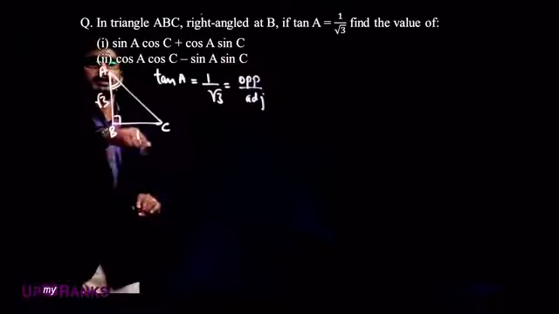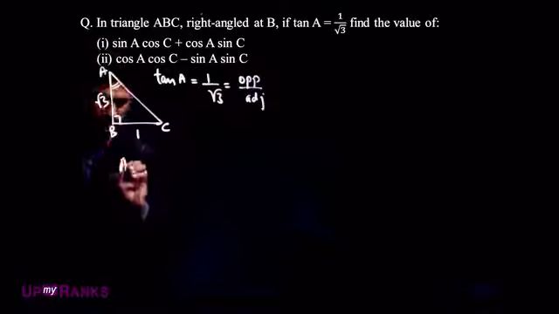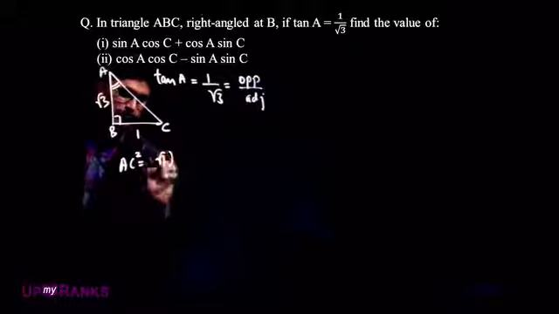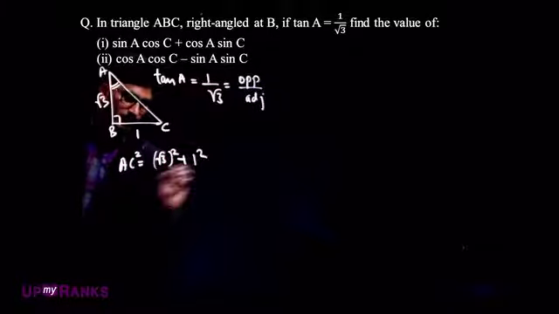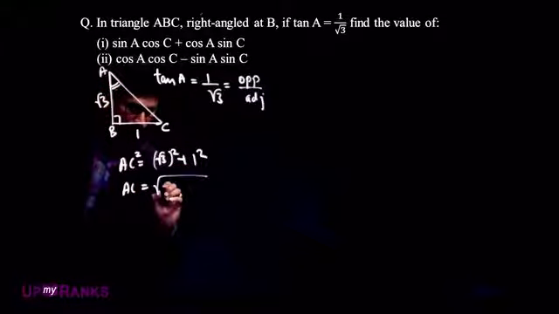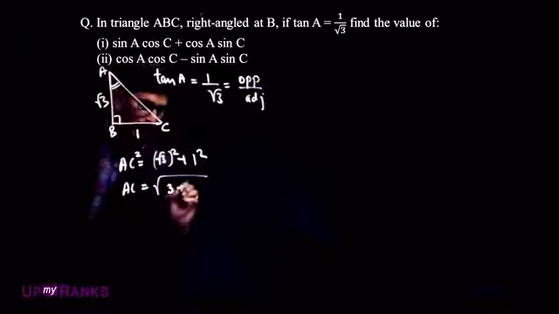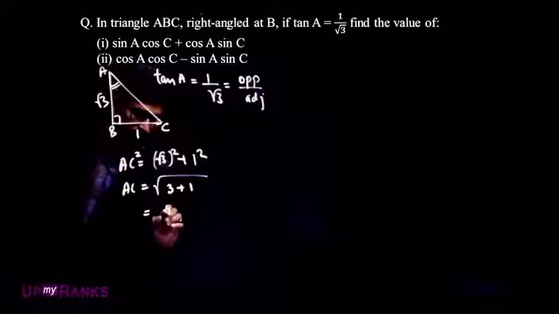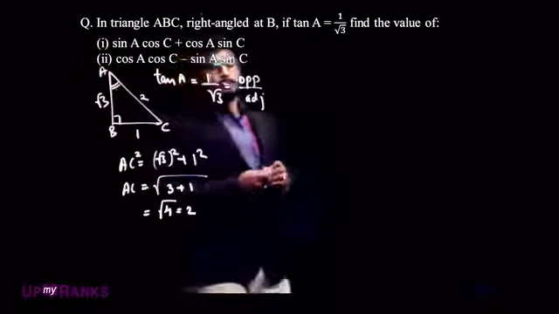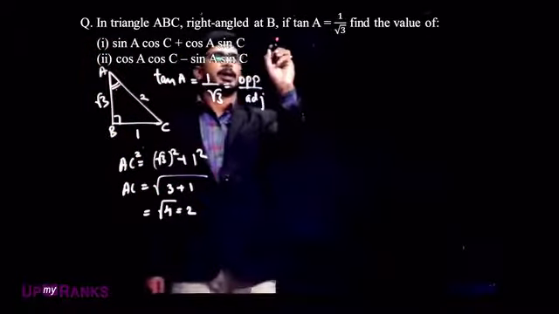So now I have to find AC, which means AC square is equal to root 3 square plus 1 square. Therefore AC will be equal to the square root of 3 plus 1, which is the square root of 4, which is 2. So AC is 2.